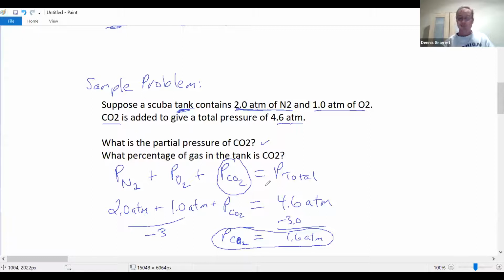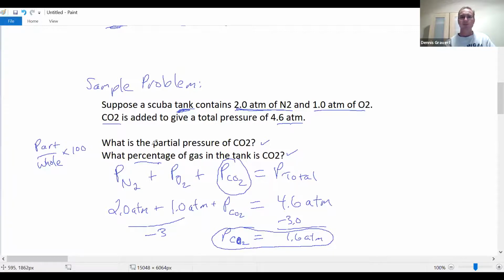Cool, Dalton's Law, pretty straightforward. Percentage of the gas. Well, what percentage is carbon dioxide? Remember, a percentage is the part divided by the whole. And then you want to make a percentage, so multiply by 100%.